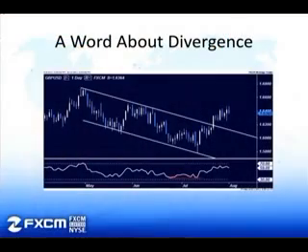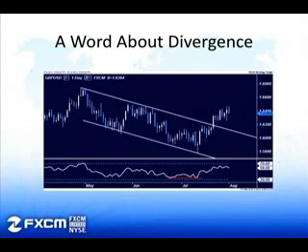Now, I promised a word about divergence, and I promised to show at least one indicator. So, this is that one indicator. This is basic 14-period RSI. Now, if you don't like RSI, you can use any oscillator you like.